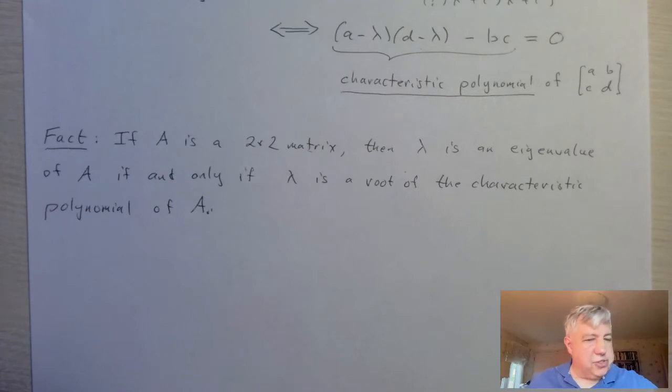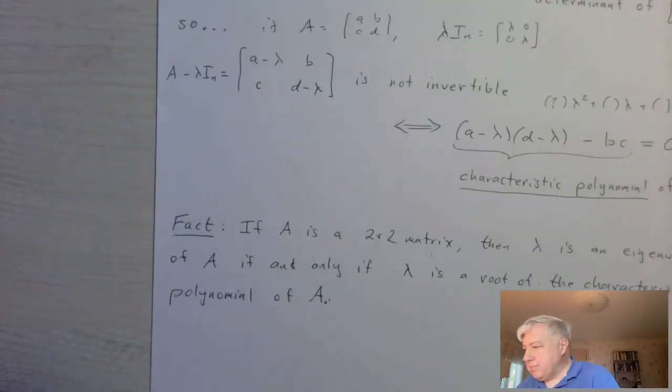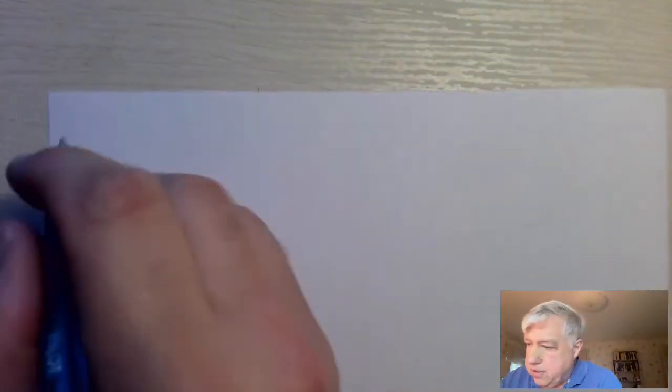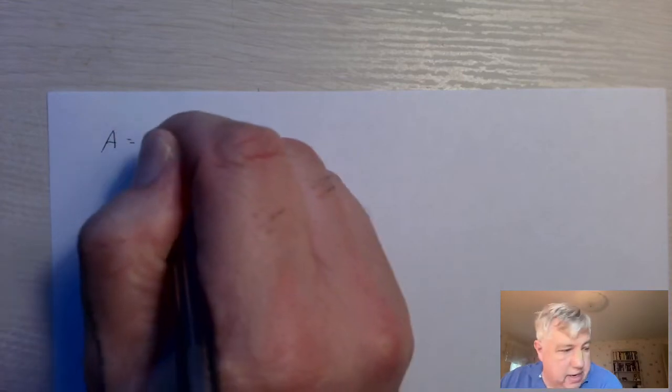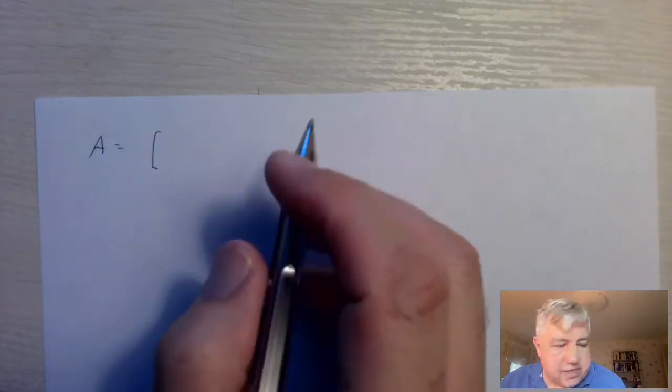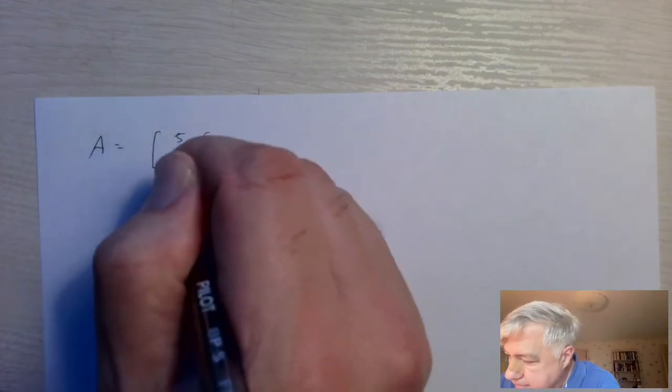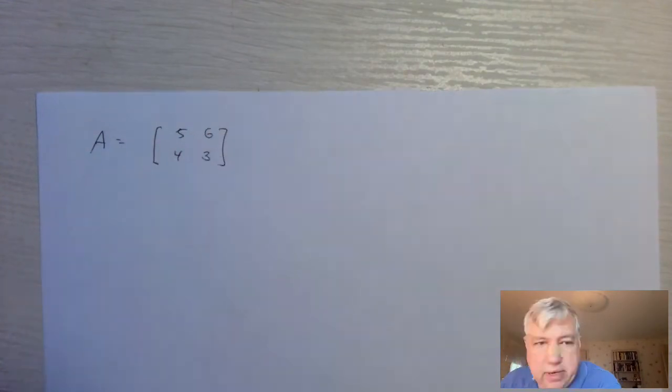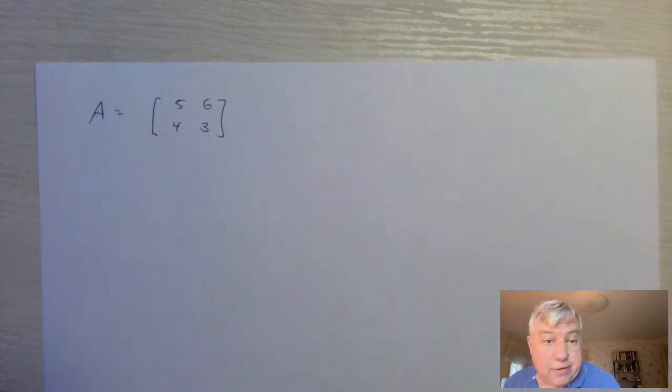I wanted to finish up with an example of how we might do this. Let's say our matrix A is the matrix 5, 6, 4, 3. Let's say we want to find the eigenvalues of this matrix.